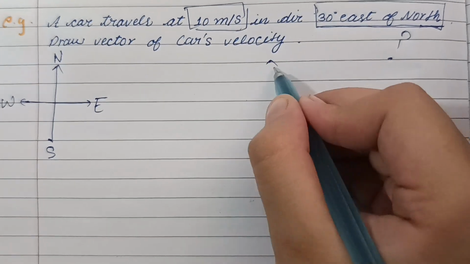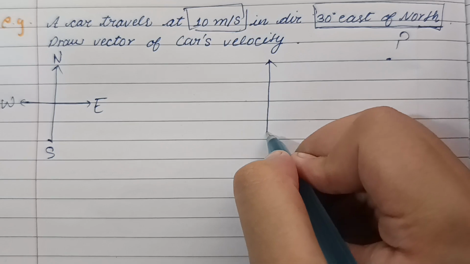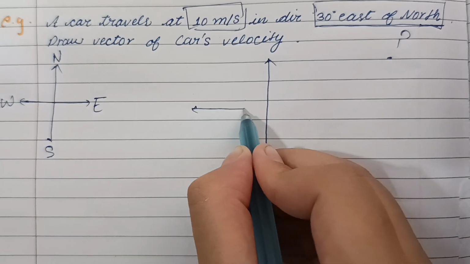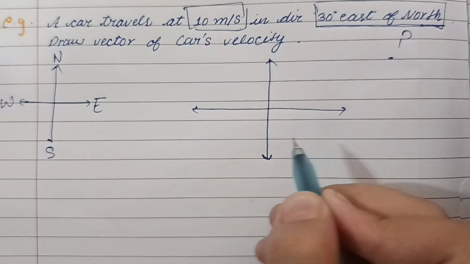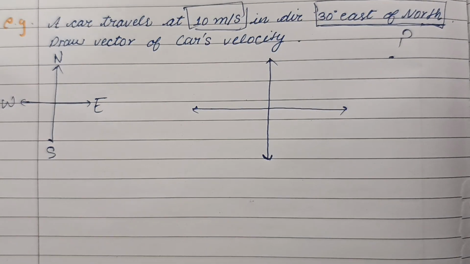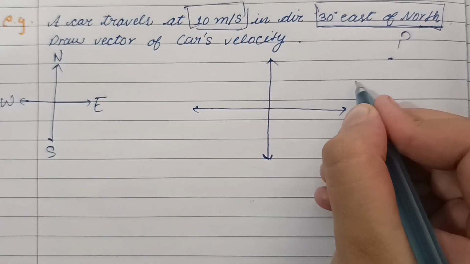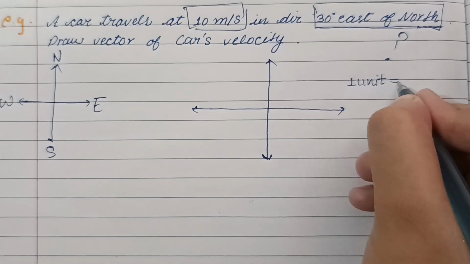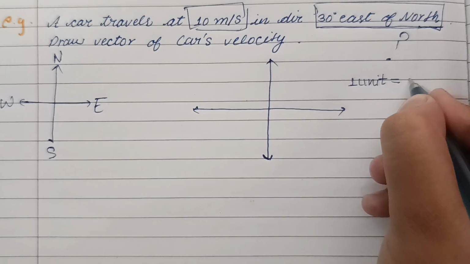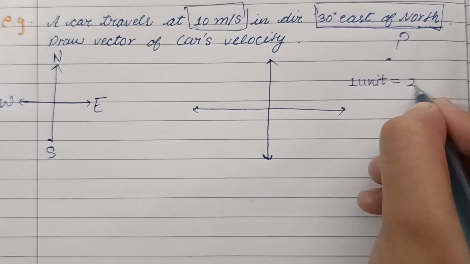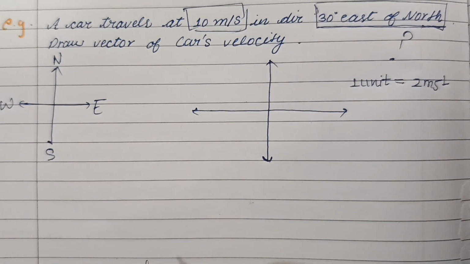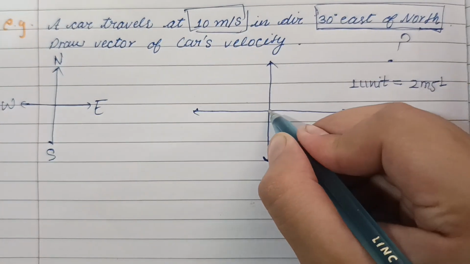So let's make a graph. And from here we have to do scaling, that we can represent 1 unit equals 2 meters per second. And now we will draw a vector.